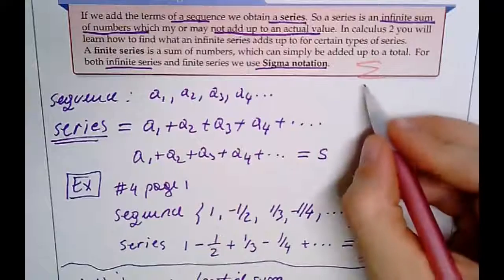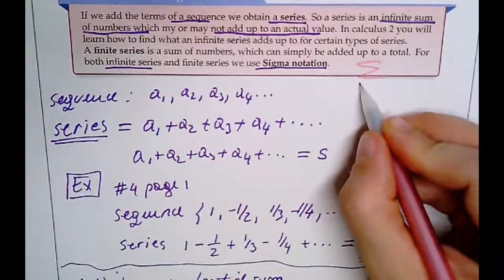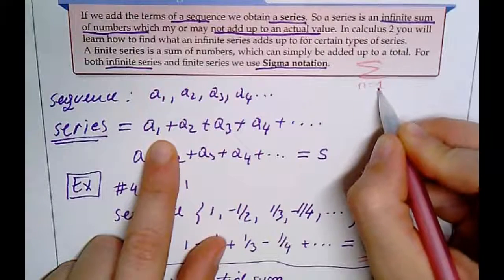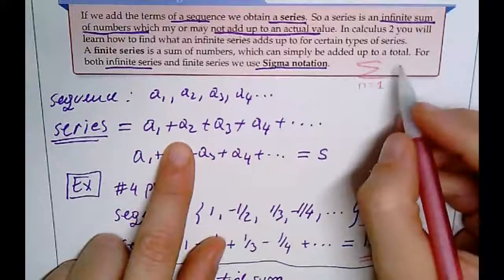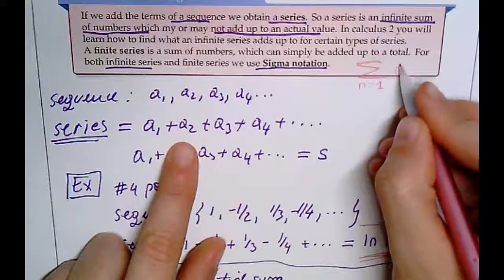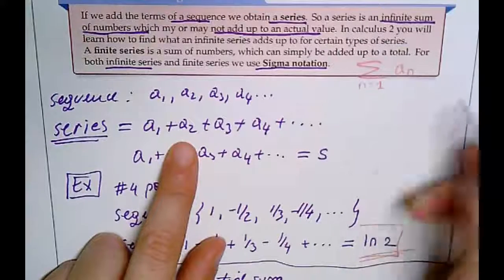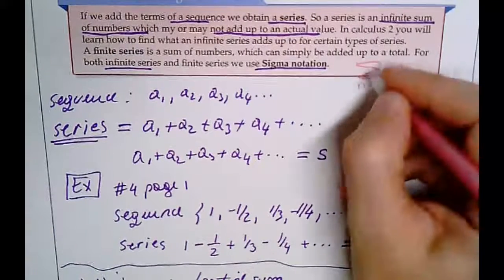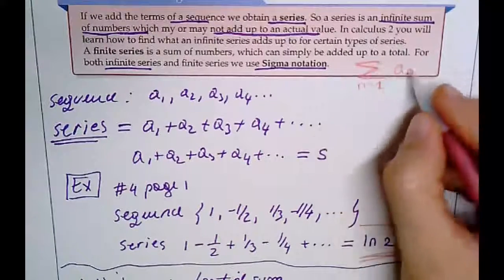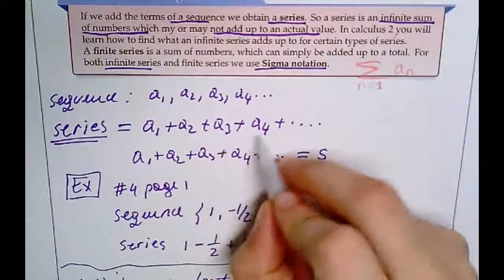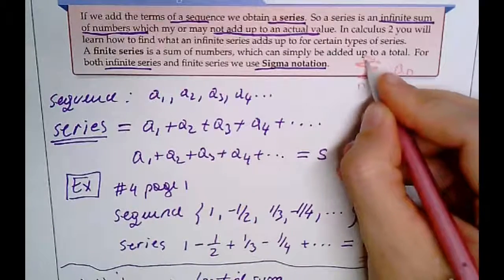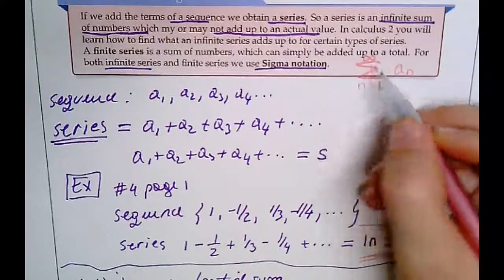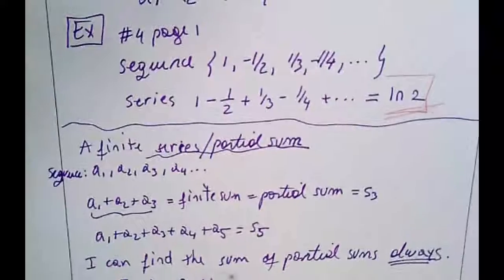And on the bottom, you're going to say that your n starts at 1, and then you're going to give it the a-nth formula. So this is just a shortcut. Instead of writing a1 plus a2 plus a3 plus a4, we usually put an infinity at the top if I'm talking about an infinite series, or a number if I'm talking about a partial one.